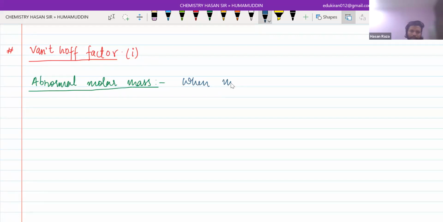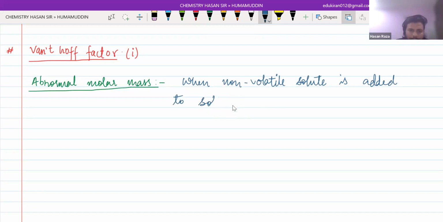When a non-volatile solute is added to a solvent, please do write with me, and it undergoes association or dissociation.